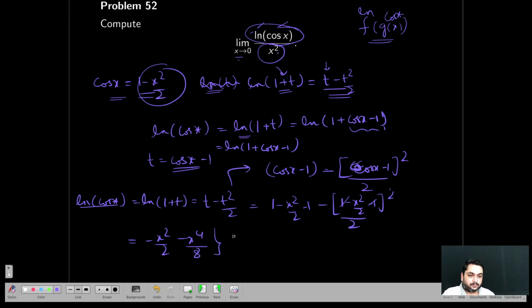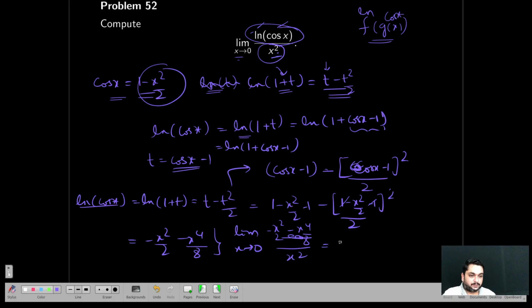What is the limit now? Limit x approaches 0. Okay. So minus x square by 2 minus x power 4 divided by 8, whole divided by x square. This x square is there, no?